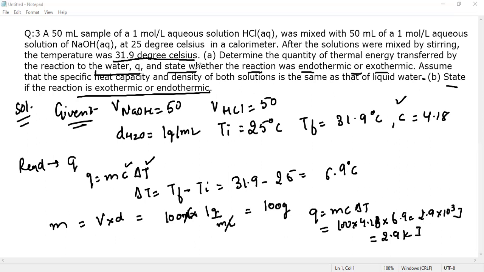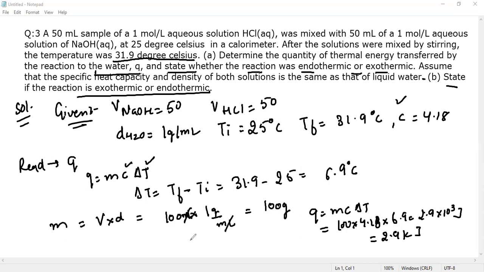Now the other question was, state whether the reaction was endothermic or exothermic. Now, because the thermal energy transferred by the reaction to the water is negative 2.9 kilojoules, and if you see here, the final temperature increased. Okay, now what will happen in this case, because the final temperature is increasing, we will say that this is an exothermic reaction.